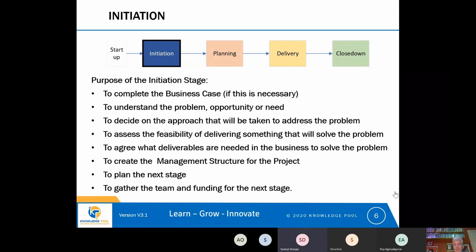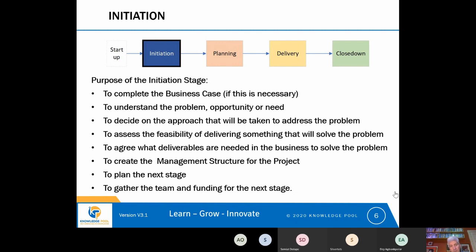Yes. So the idea of a project charter or a project mandate, not every methodology and not every organization defines the need for such a document, but it's not uncommon that all of these questions, or some of these questions anyway, some of the purposes of the initiation stage, are actually achieved by delivering either a project mandate or a project charter.